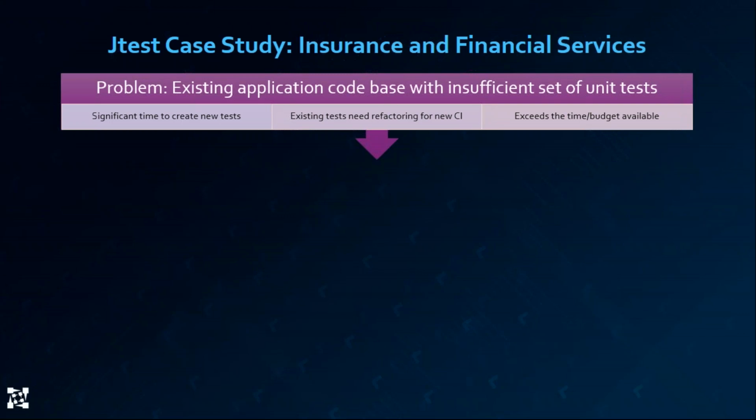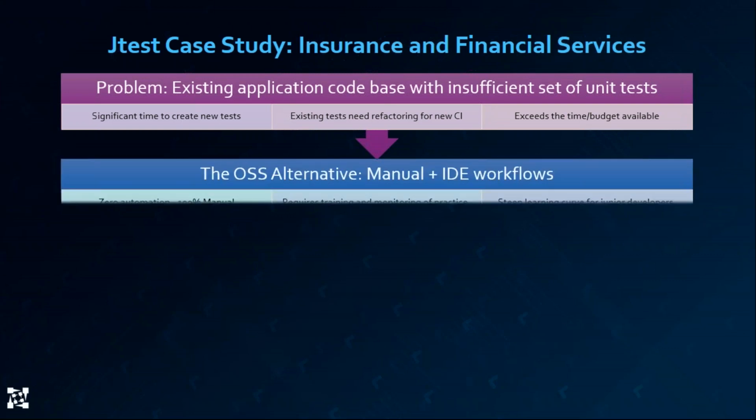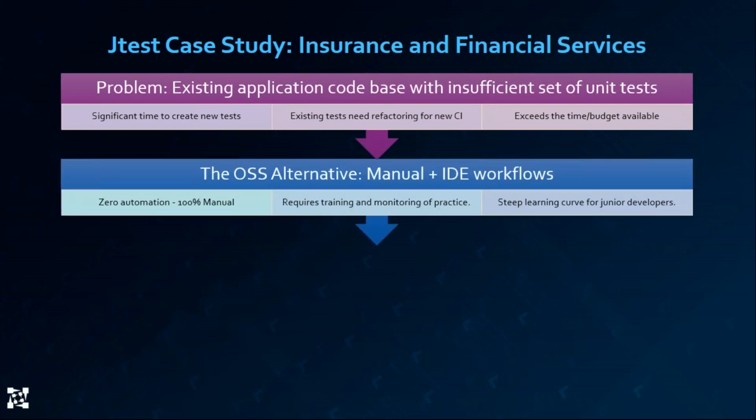The problem was the existing unit tests wouldn't work in the new CI infrastructure, and they frankly didn't have the time to just rebuild them all. What they did was, to start with, they looked at what's out there today. What can we just use, open source? And really what they identified was the best approach was manually creating those tests and using some of the IDE workflows that can do some basic assistance.